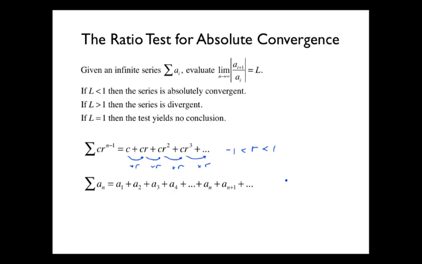Okay, so now here's any series. You could write it this way: a1 plus a2 plus a3 plus a4 plus a5, etc., plus an minus 1. Let's think about, if all we knew was those, what would you multiply a1 by to get a2?